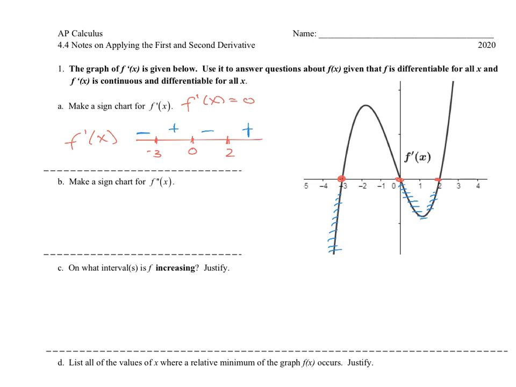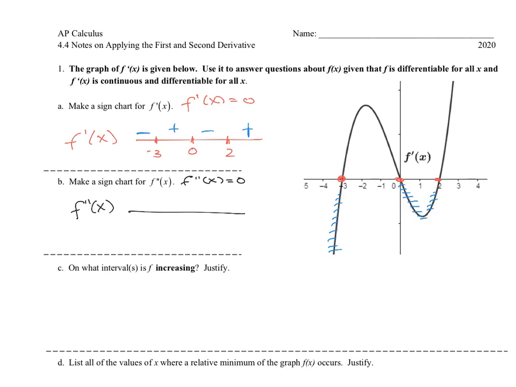But now I want to do something a little different. I want to make a sign chart for f double prime of x. And again, I like to label. What I'm looking for is, sticking to this theme, where f double prime of x is equal to 0.